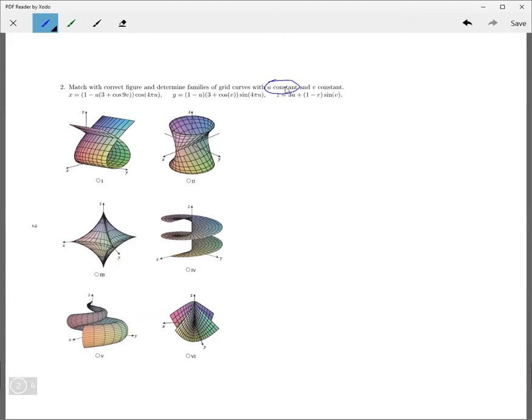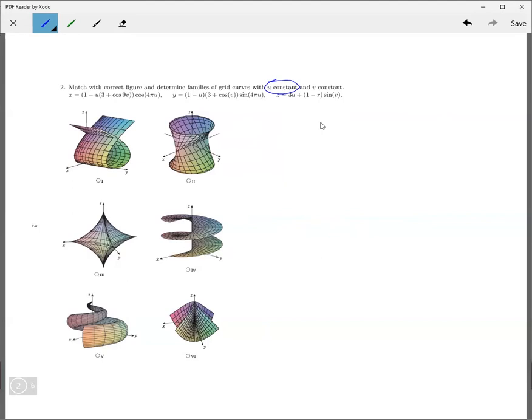Imagine U being a constant, and maybe we can even set it equal to a value. What if we set U equal to 1, for example, in all of these equations?